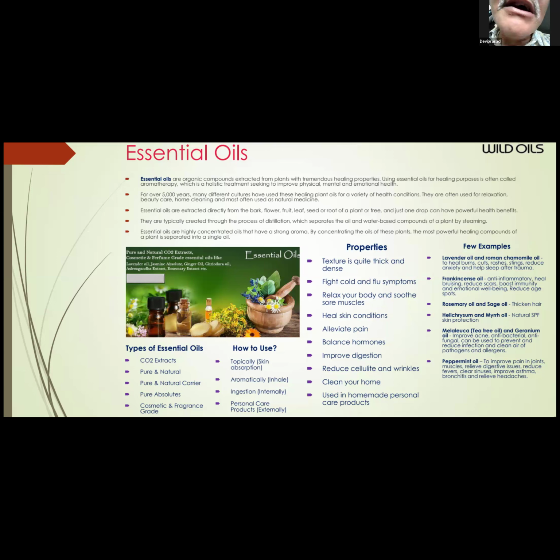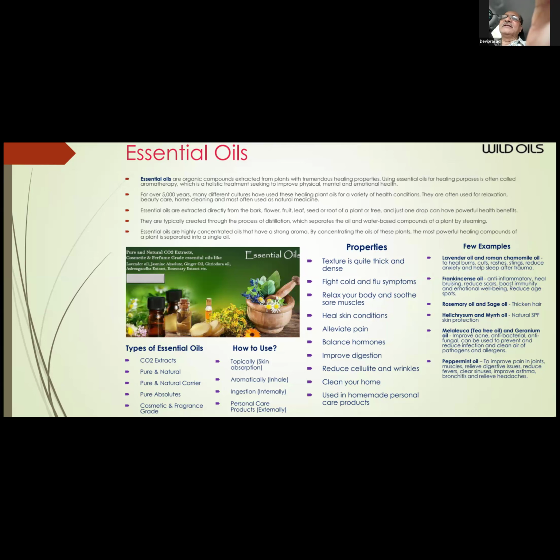Then there is one more method, which is solvent extraction. But normally companies are not very keen to use solvent-extracted essential oils because chemicals are used in that method. So the best methods are always CO2 extracts, which are very pure and natural, as the carrier is a gas, so no content remains after the extraction.